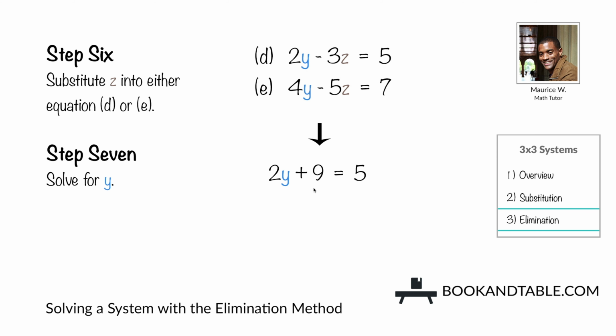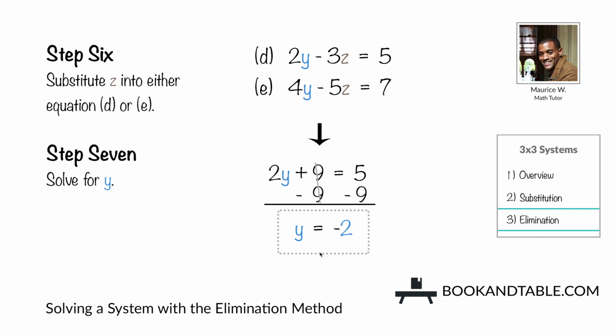And now we subtract 9 from both sides, giving us 2y is equal to 5 minus 9, which is negative 4. And now to remove this coefficient of 2, we want to divide both sides by 2, showing us that y is equal to negative 4 divided by 2, which would be negative 2.